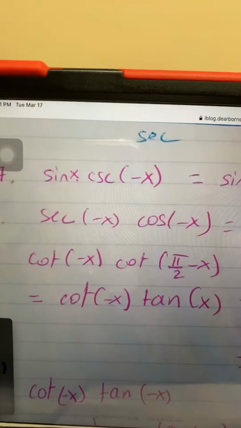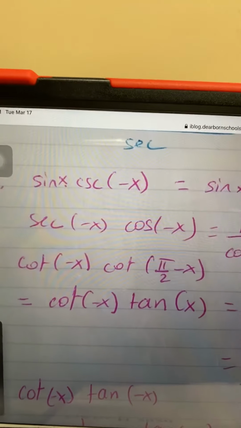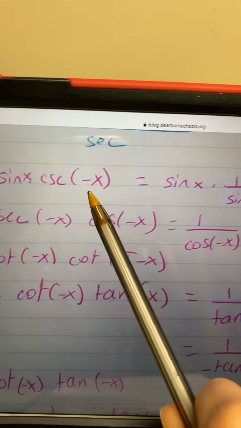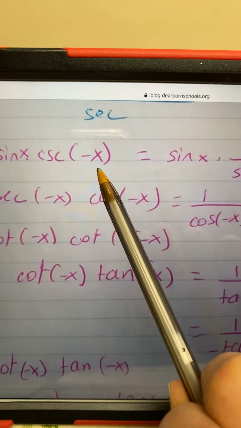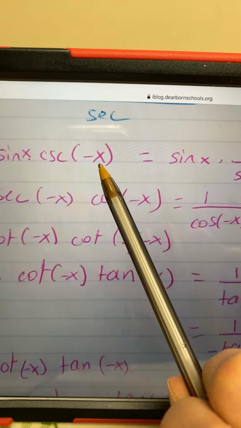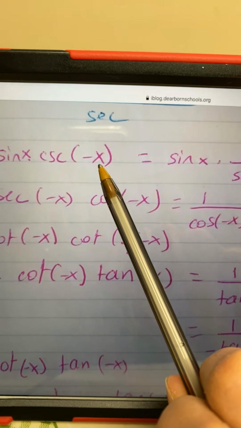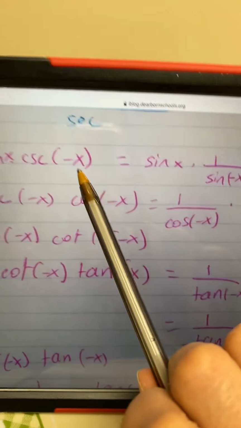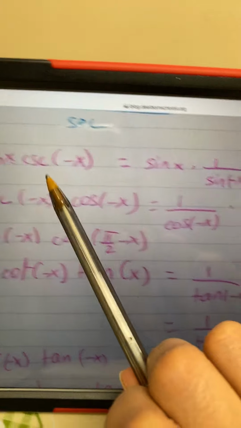So we look at number 17. And sine, I can't do anything with it, so I copy it down. Cosecant of negative x, if you look at the odd and even, yesterday we said two are even, everything else is odd. The even ones are cosine and secant. So cosecant is not even, it's odd.